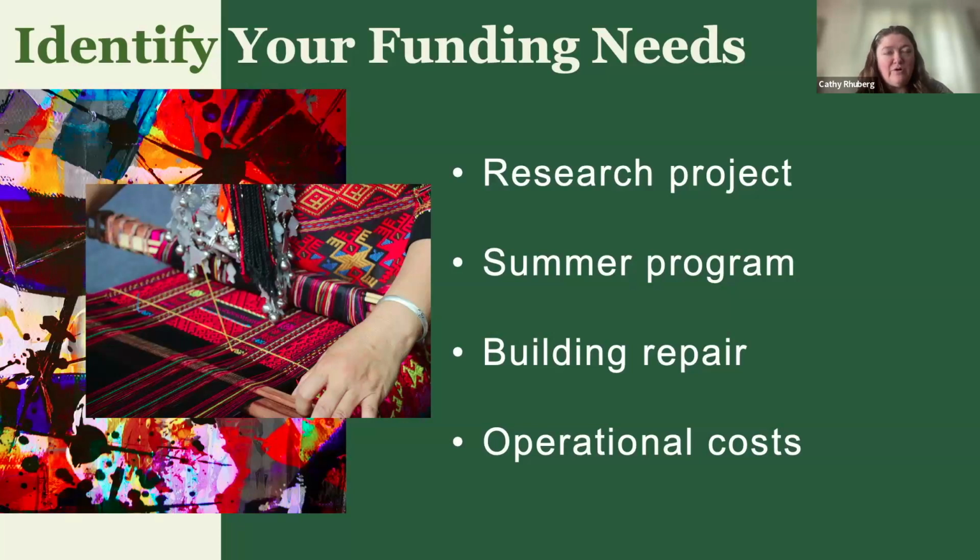Maybe you have an organization, a museum, that historical building that needs repair, or operational costs, which are salaries, different things for offices. So think of what the things you need funding for would be, prioritize those because you may not be able to get funding for everything at one time, and keep that list handy.